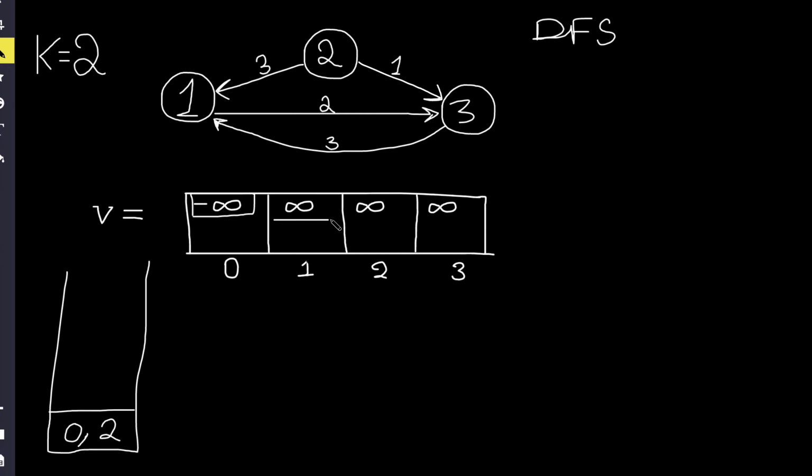The rest of the nodes I have initialized with infinity, so that at the end we will know whether we were able to reach the node or not, and we will be trying to minimize the time taken to reach the node. So we have initialized it with the maximum value.